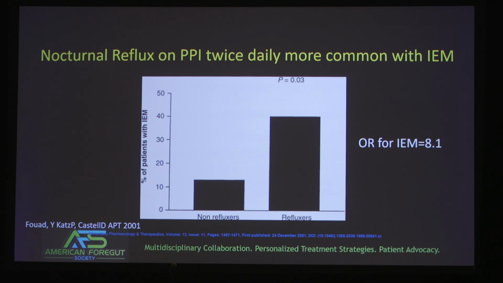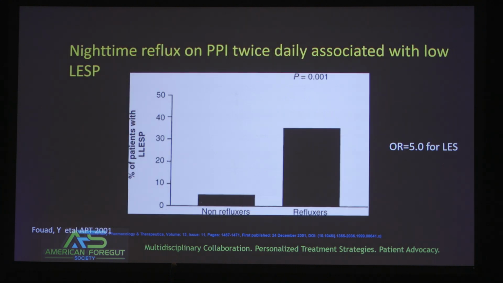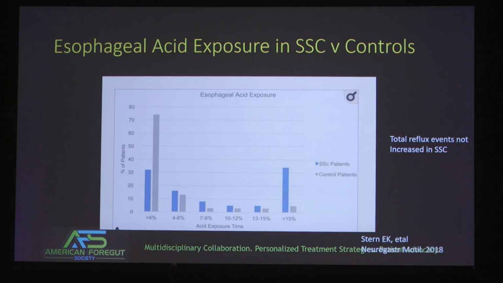The refluxers at night were 8 times more likely to have ineffective esophageal motility. And then looking at lower esophageal sphincter pressure in that group, again, a low sphincter pressure and poor clearance had an effect on your nighttime reflux and esophageal acid exposure. So motility clearly matters. The function of the lower esophageal sphincter really has something to do with medical failure.